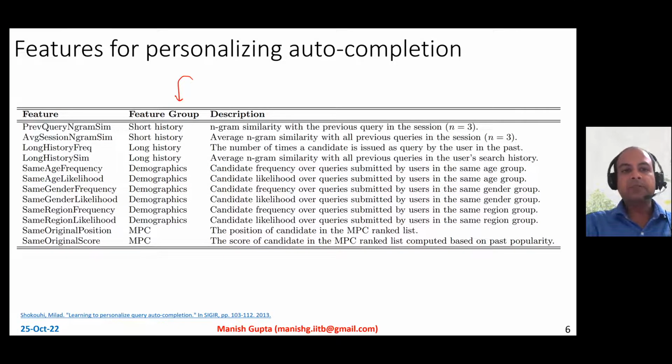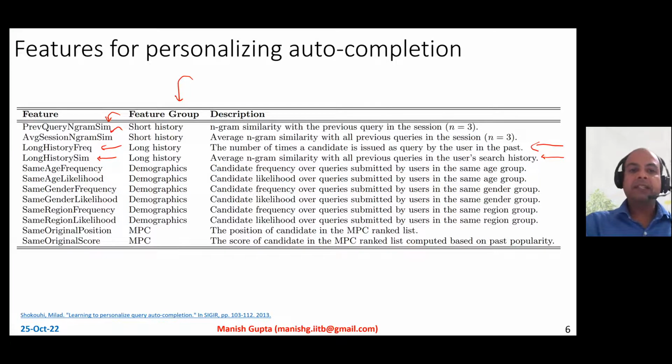Features related to previous query n-gram similarity. This is very short-term history. Average session n-gram similarity related to history for this session. Long history frequency, the number of times a candidate is issued as a query by the user in the past. Long history similarity: not the exact query, but what is the average n-gram similarity with all previous queries by the user in the past?